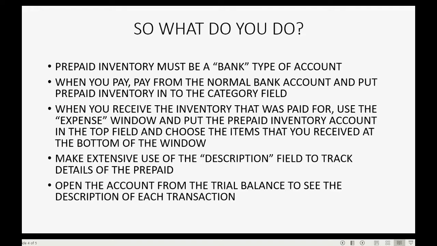Then you can open the account from the trial balance to see the description of each transaction. So here's a set of 5 things that you do under the Mark Smolin method that will guarantee that you have total control of your prepaid inventory and your books and records will be correct at any given moment.